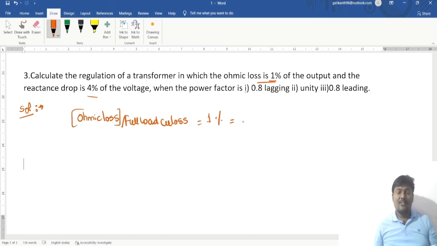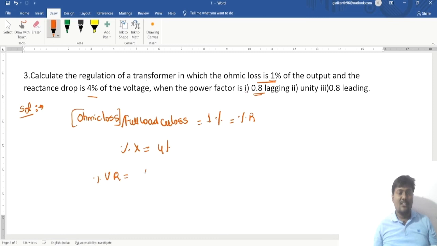So as we have seen in the derivation, that should be equal to percentage R, and percentage X is equal to 4%.